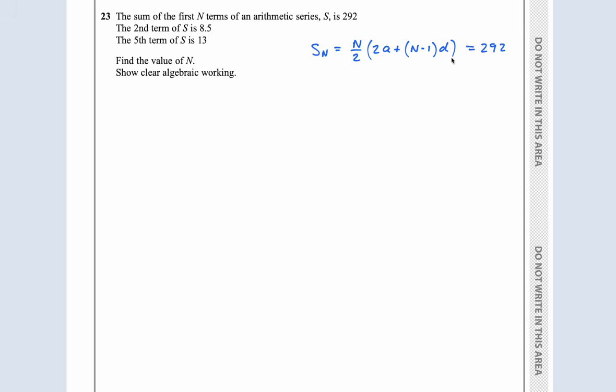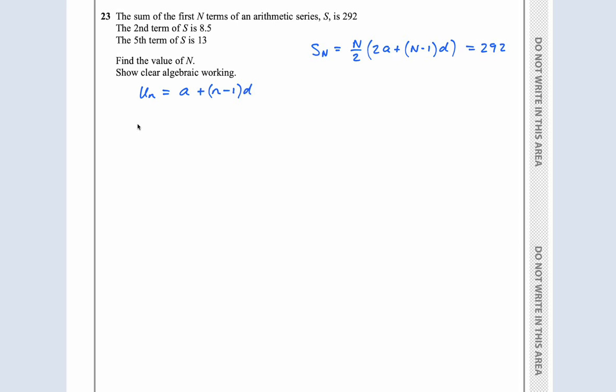The problem with this though is I don't know a and I don't know d. However, they give us two more bits of information here, which will allow us to find a and d. So the nth term, u n, is equal to, and this formula is not in the formula booklet, a plus n minus 1 d.